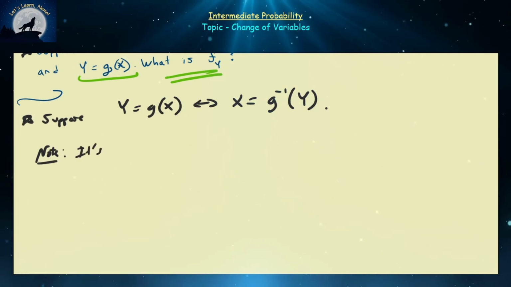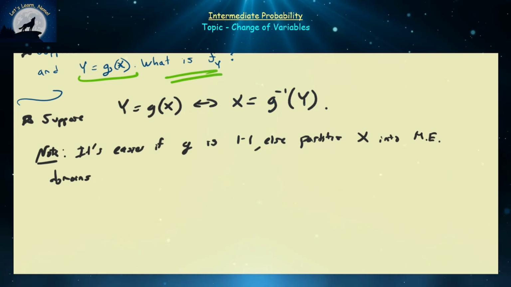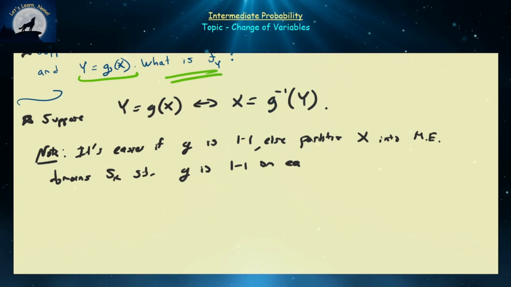It's easier if g is 1 to 1, and if it's not, partition the domain of x into mutually exclusive domains, let's call them s_k, such that g is 1 to 1 on each of the s_k's. Right, so that's very important.